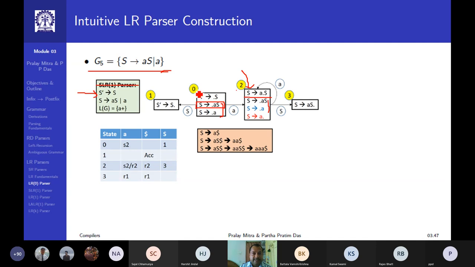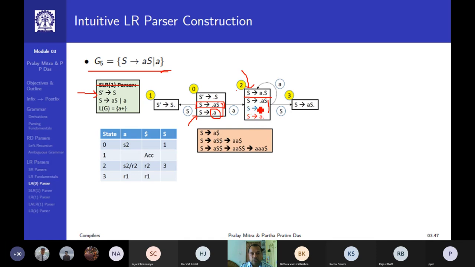Now if you look at state 0, the third item here, this item will also, along with the second item, move on to state 2 if I see or realize A, which I am writing here in red, say, right?